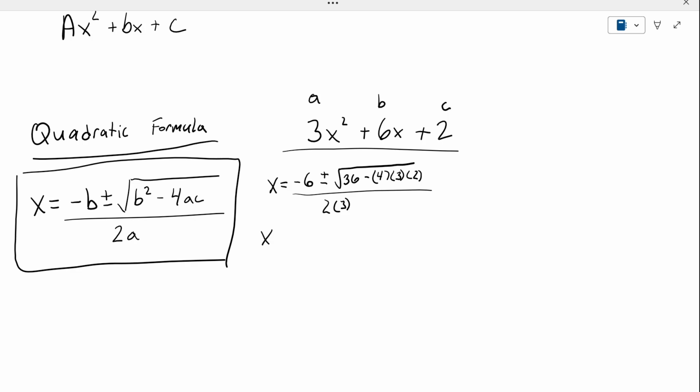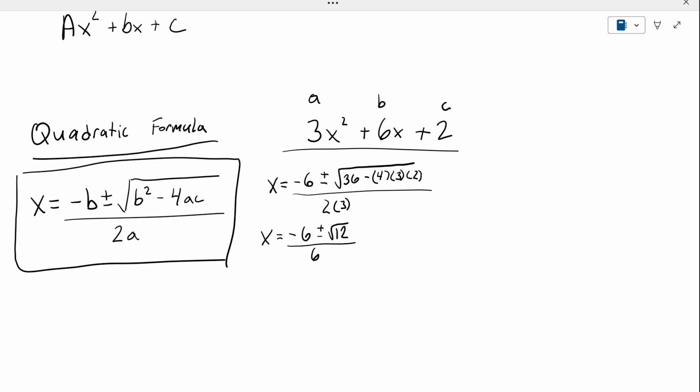Now let's simplify. x is equal to negative 6 plus or minus, and now we can see here that inside of the square root sign is 36 minus 4 times 3 times 2. 4 times 3 is 12, times 2 is 24, and 36 minus 24 is 12. So we can say plus or minus root 12 all over 2 times 3, which is 6.